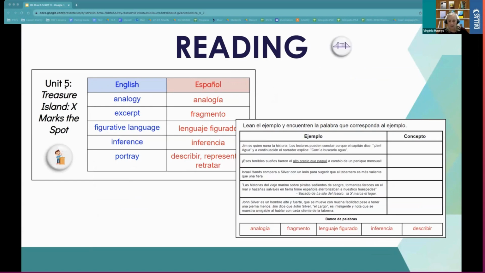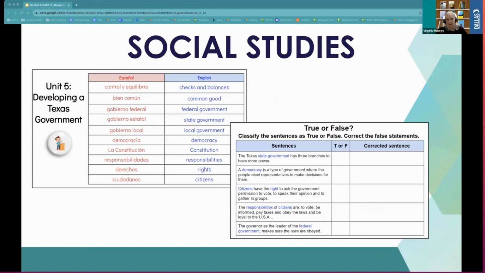So you will be having the first 2 slides, and the first one is going to be, as usual, the words in English and in Spanish, and the next slide is going to be an activity created for the kids to practice the words, right? In reading we had examples, and they needed to figure out if this was an anthology, a fragment.